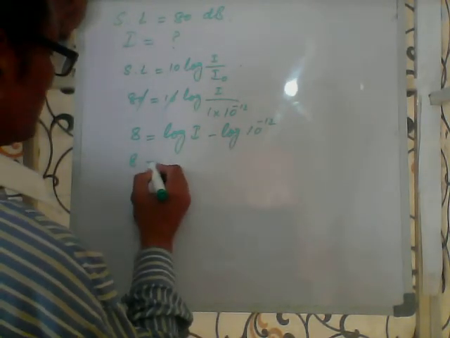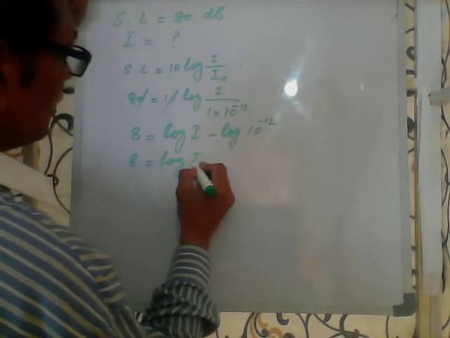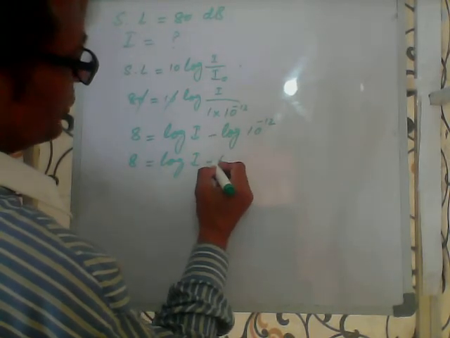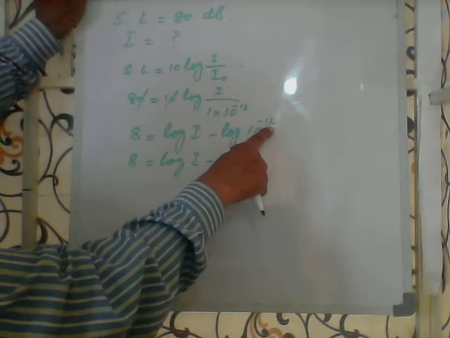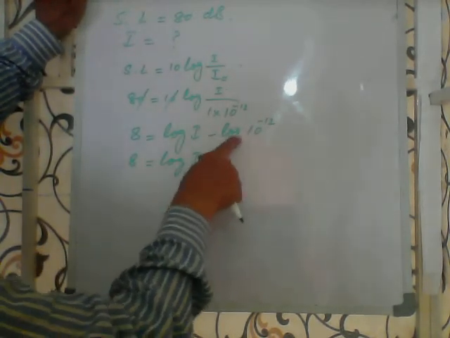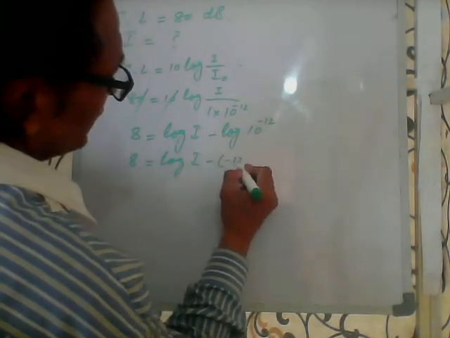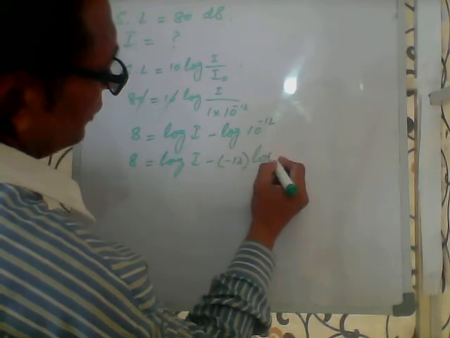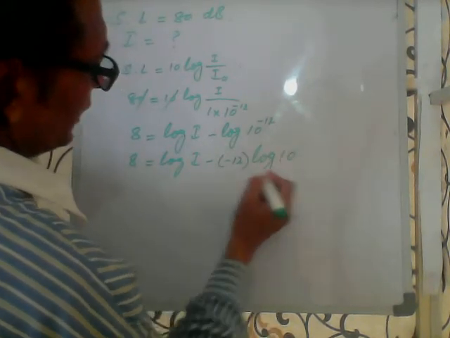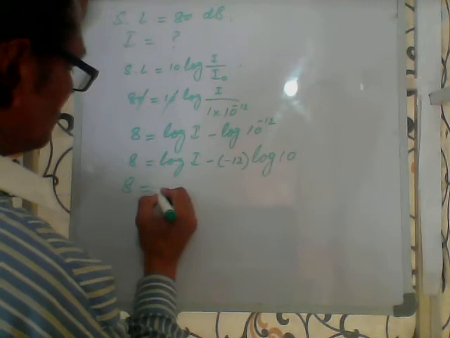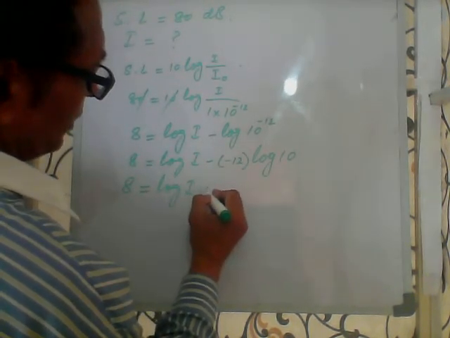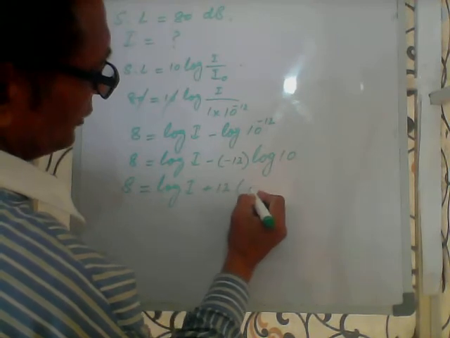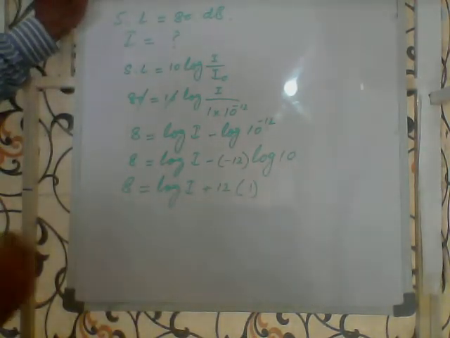Here you get 8 is equal to log of I minus, again, third law of log, the power becomes the coefficient of this log, minus 12 into log of 10. So you got 8 is equal to log of I plus 12 into log of 10, which is 1.